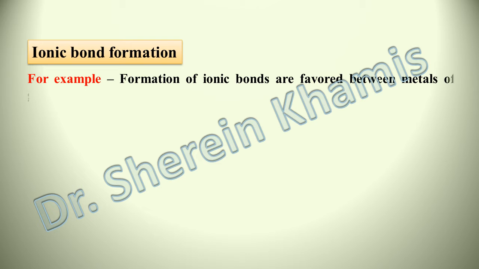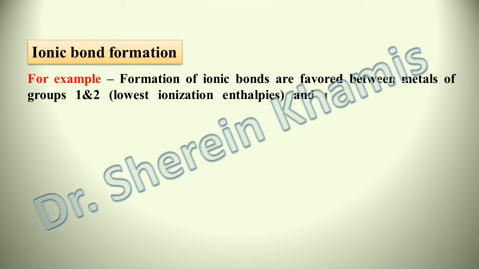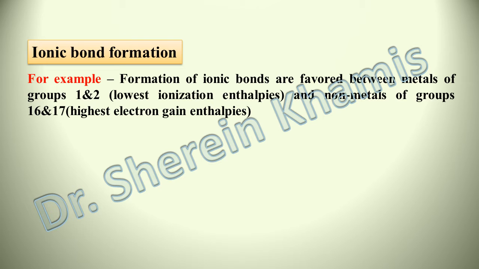Okay, what happens in the formation of the ionic bond? Ionic bond formation is favored between metals of group 1 and 2, as they have the lowest ionization energy, or enthalpies, and non-metals of group 17 and 16, as they have the highest electron gain enthalpies, or energies.